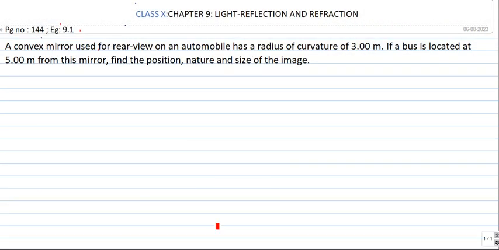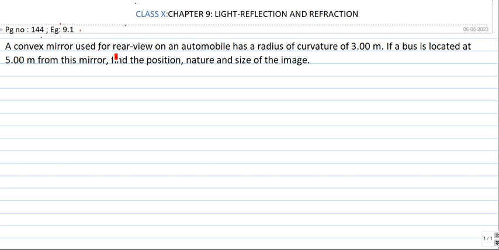So this is the first problem, which is on page number 144, example 9.1. As usual we will write down whatever is given in the sum. We will go through the sum first.